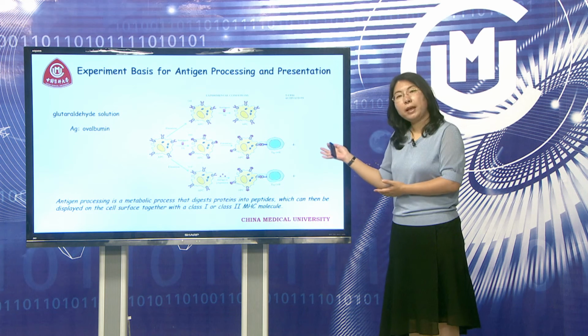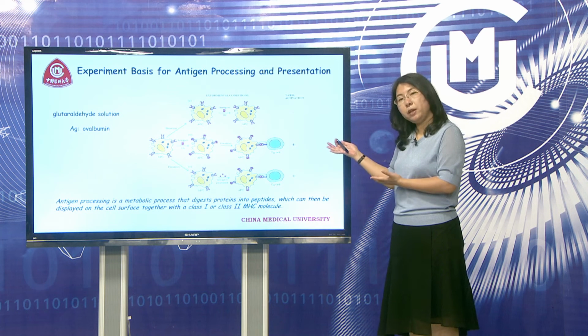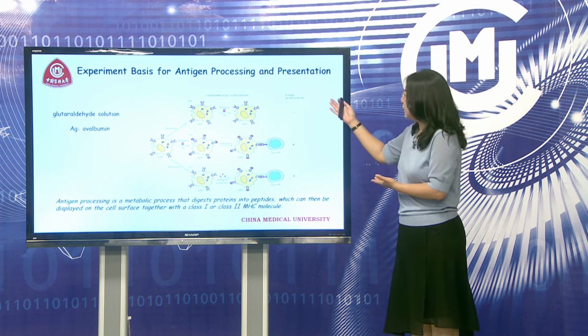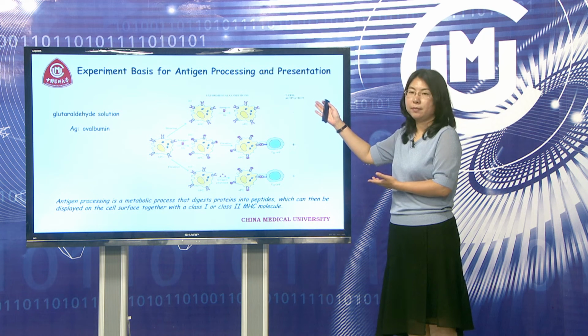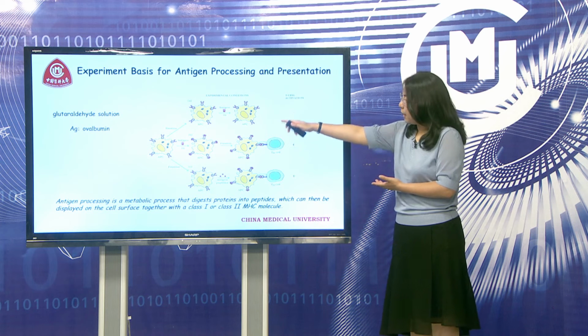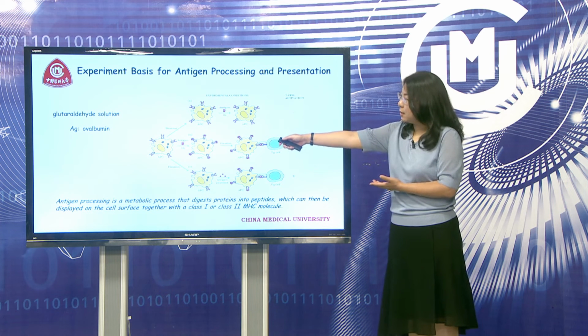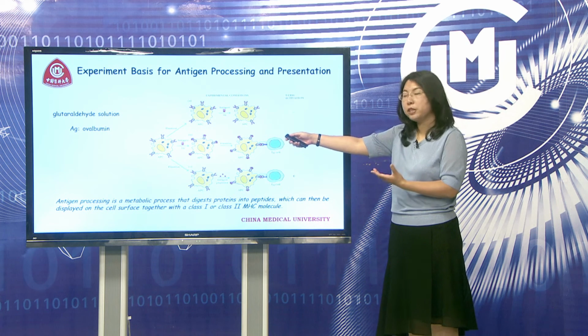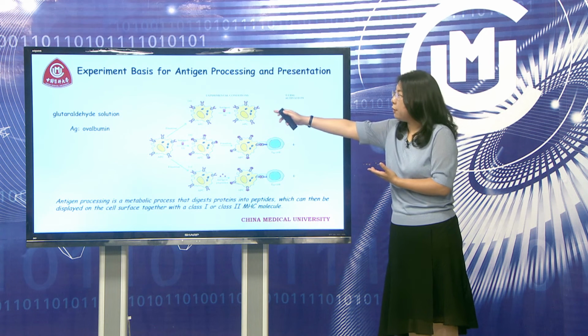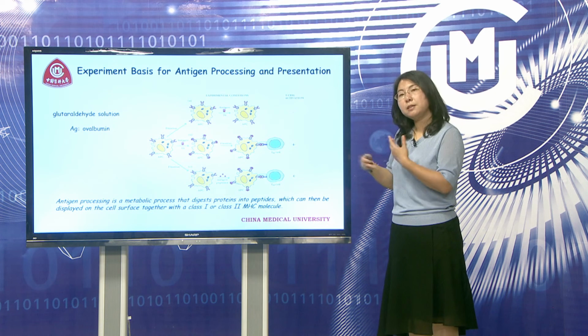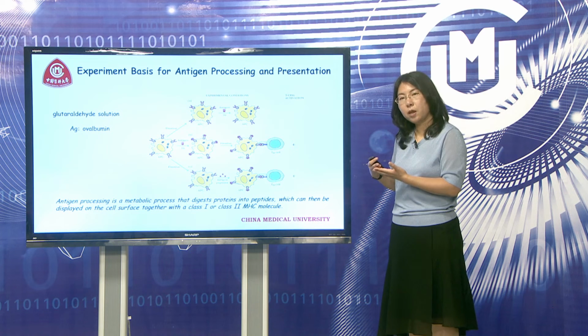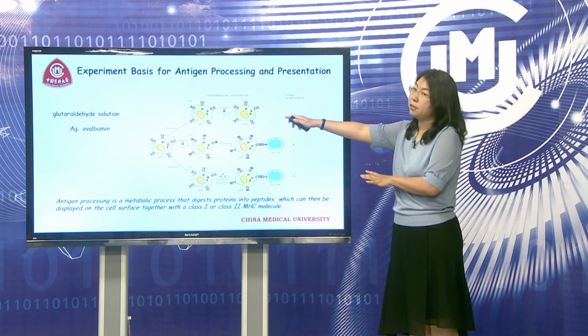So let us see one experiment. This experiment shows us antigen presentation or antigen processing. In the upper one, this is the macrophage, and this macrophage is fixed first. After fixing, the macrophage just retains its structure, so it is not a living cell.